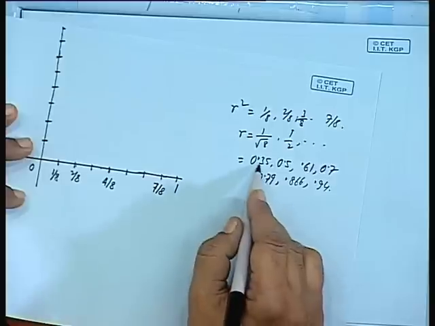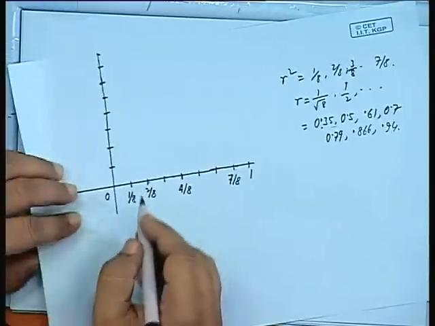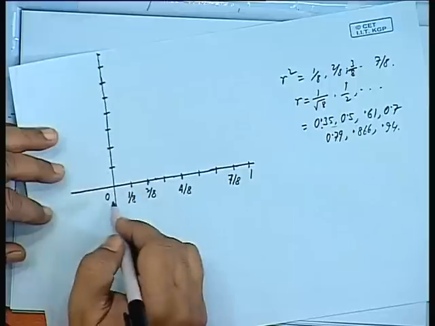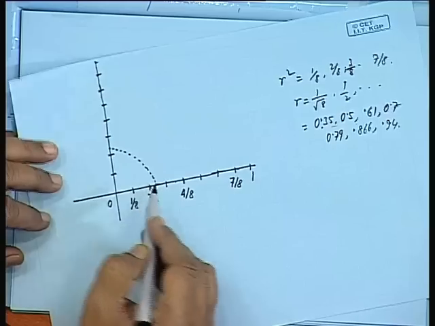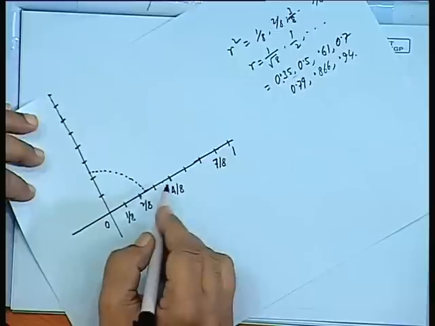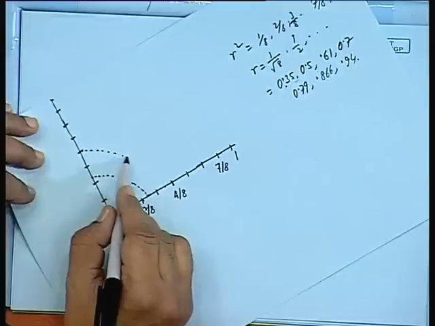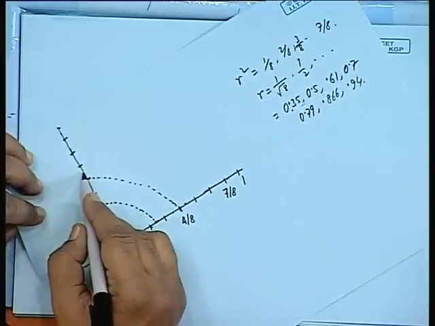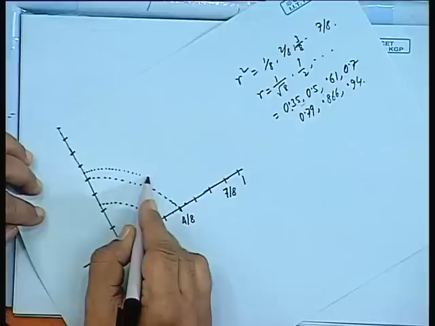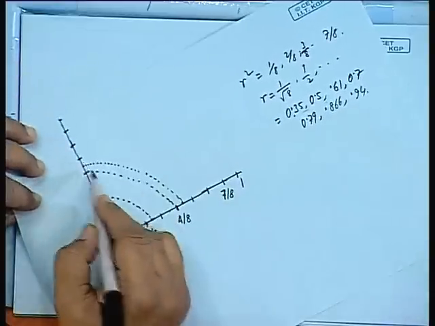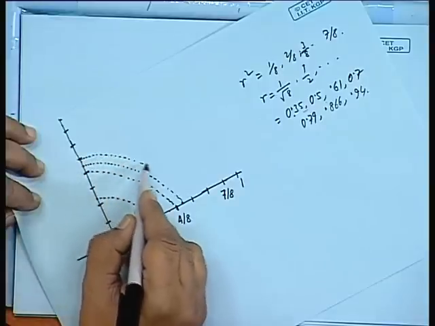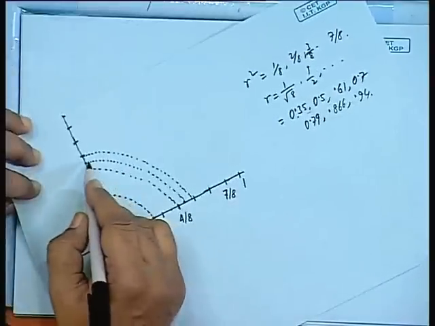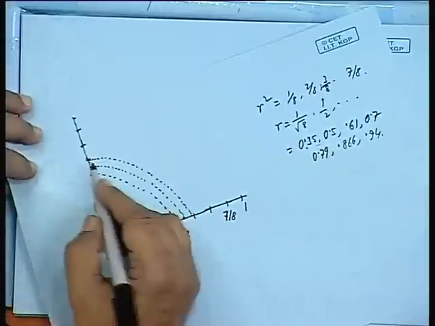So, if I take radius of these values, 0.35 is somewhere here, then 0.5, then 0.6 is somewhere here.